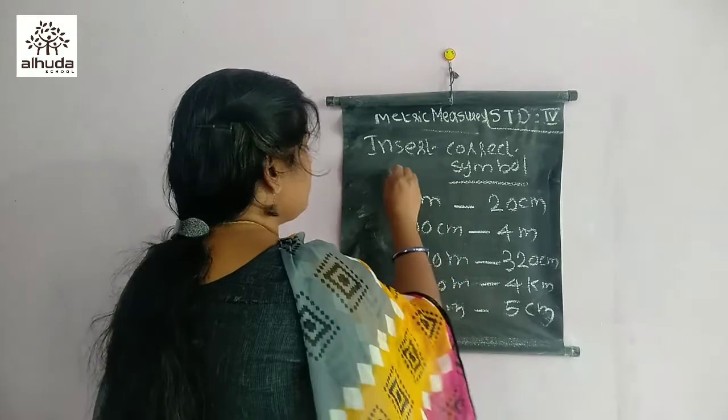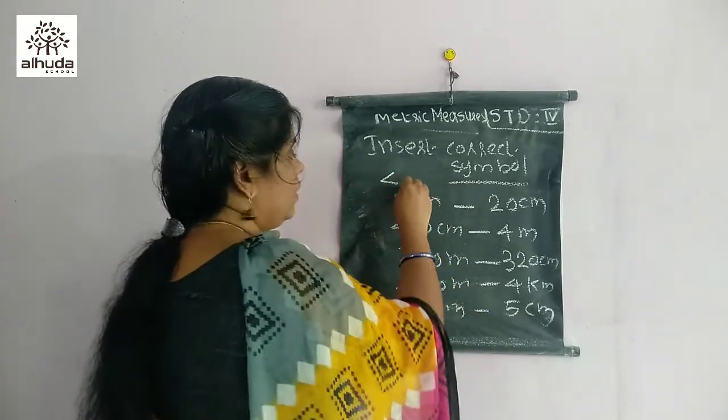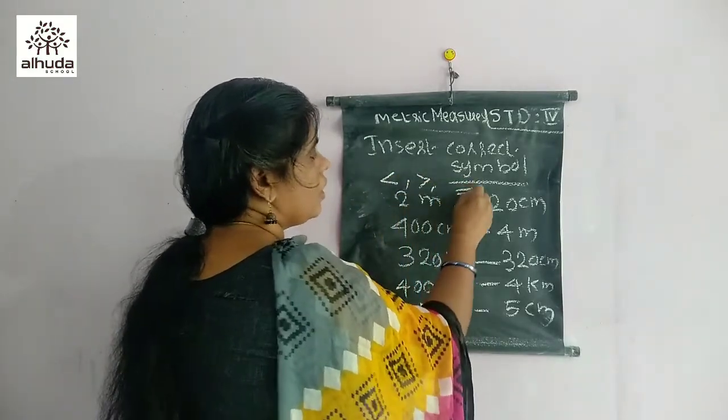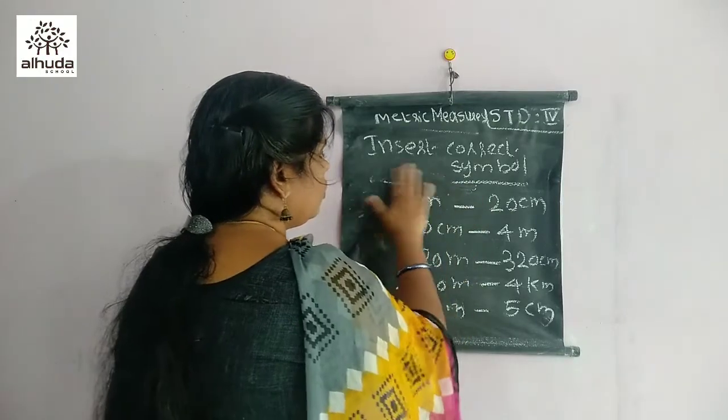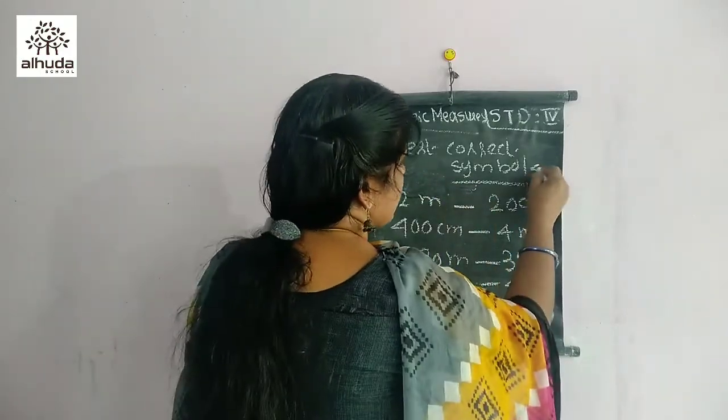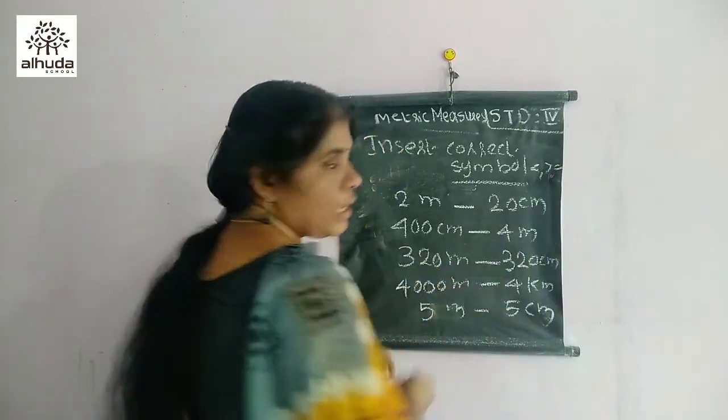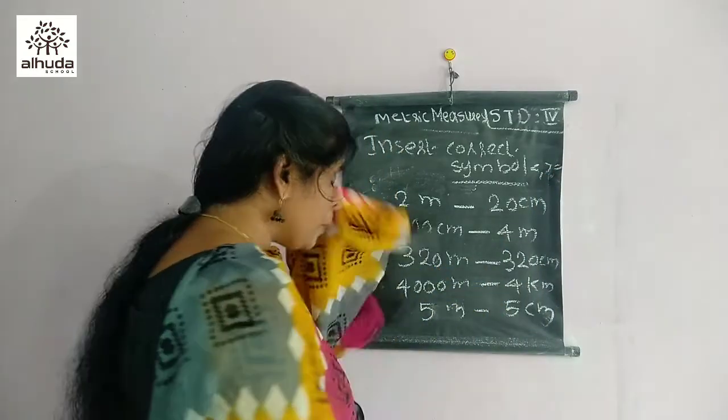So we are putting the symbols less than, greater than, or equal to.